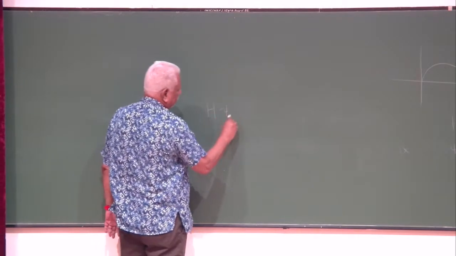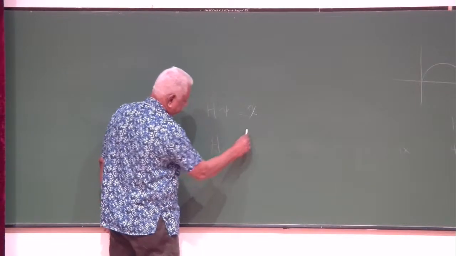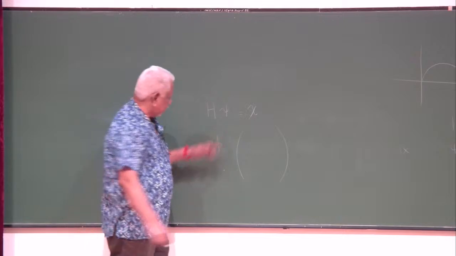H psi is chi. Psi star H is also only chi star by definition, right? So this is the Hermitian conjugate. H psi is chi. You agree with that? Which means H is some matrix, psi is this column.